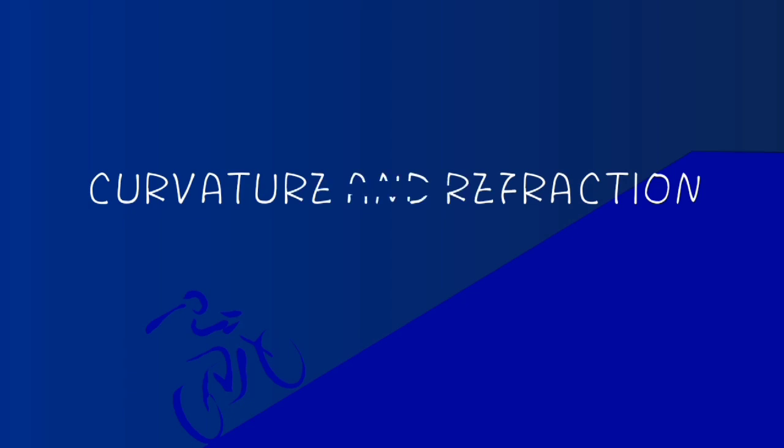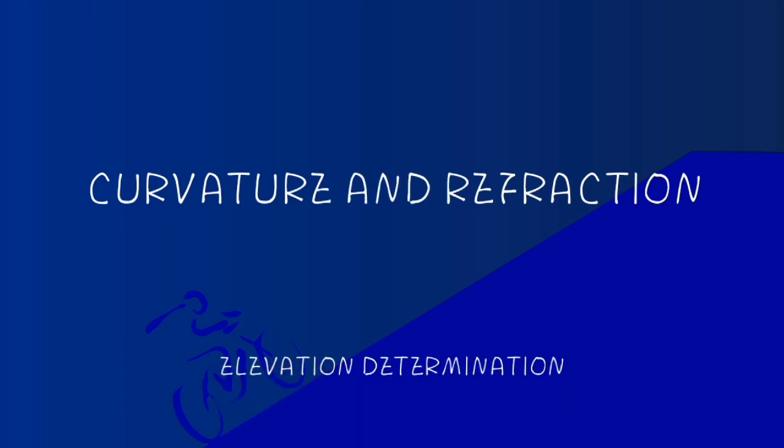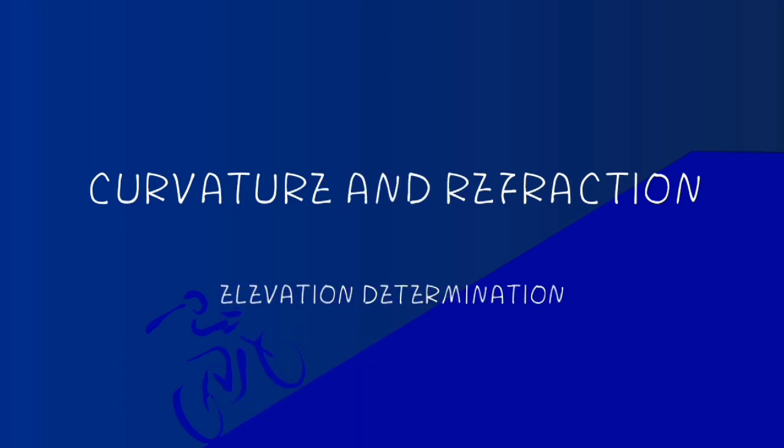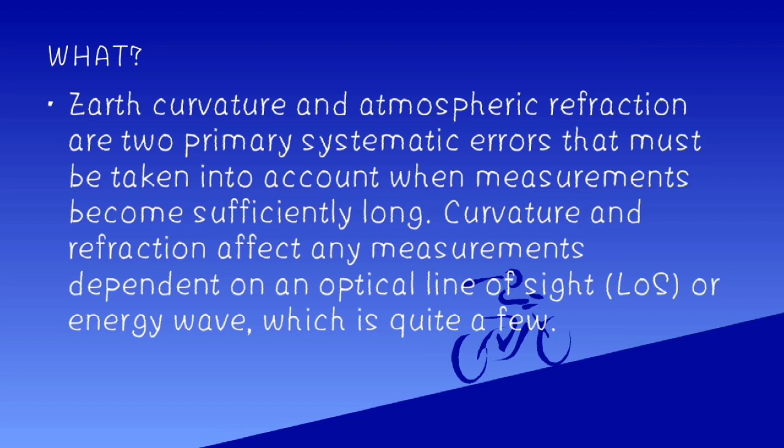Good day, everyone. Our topic for today is about curvature and refraction, elevation determination. So, what is curvature and refraction? Earth curvature and atmospheric refraction are two primary systematic errors that must be taken into account when measurement becomes sufficiently long.